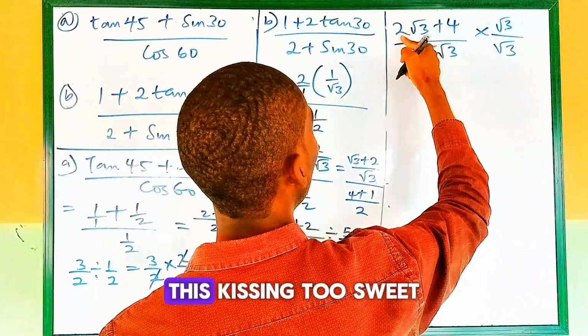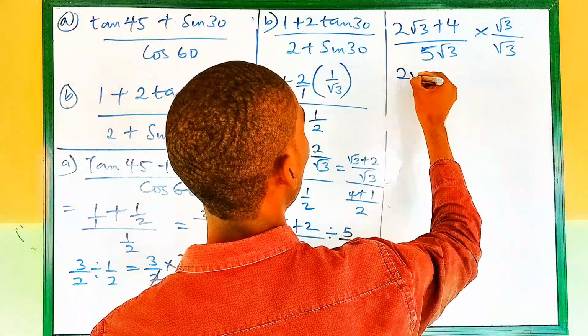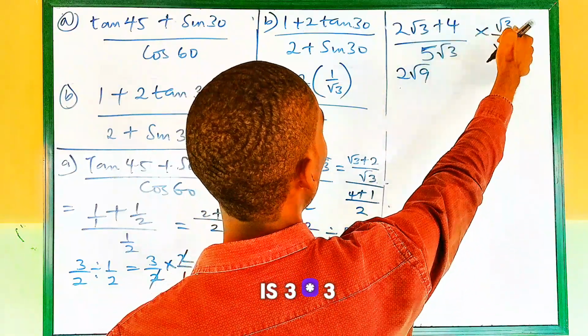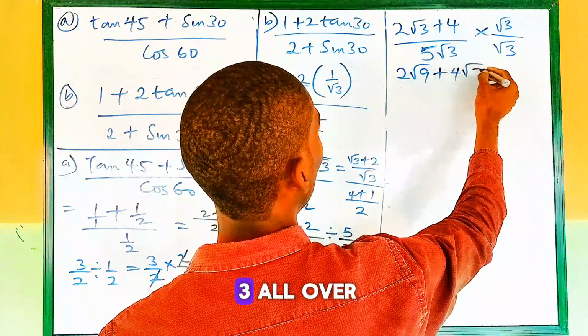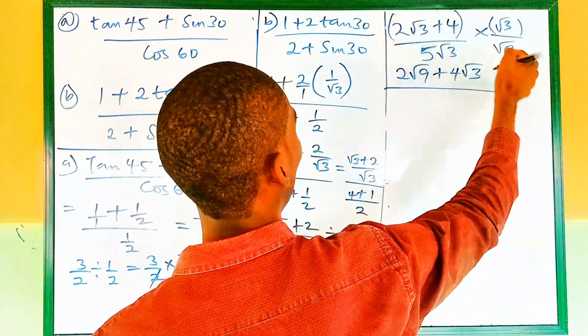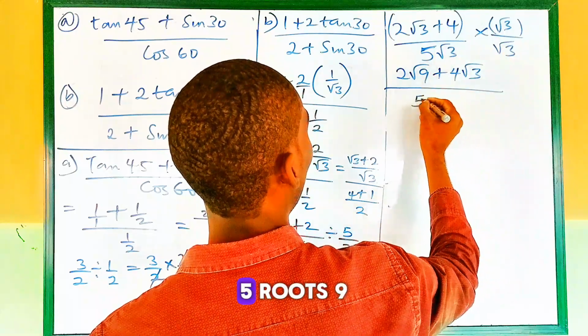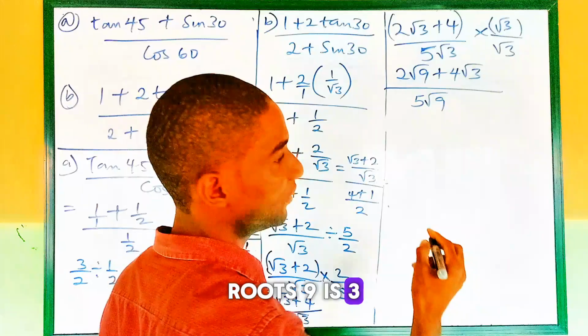So when you multiply this gives you 2 root 9, that is root 3 times root 3 is root 9, plus 4 root 3 all over, that's multiplying everybody, 5 root 9. Root 9 is 3.